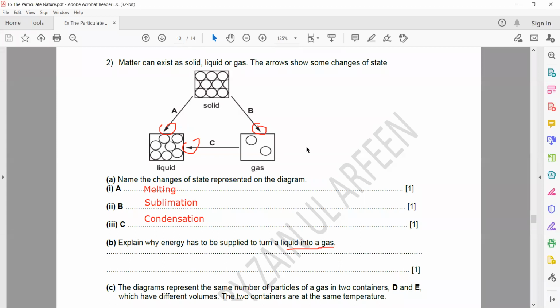Like if we want to convert solid to liquid or liquid to gas, why do we have to supply energy? Basically we have to break the attraction between the particles.